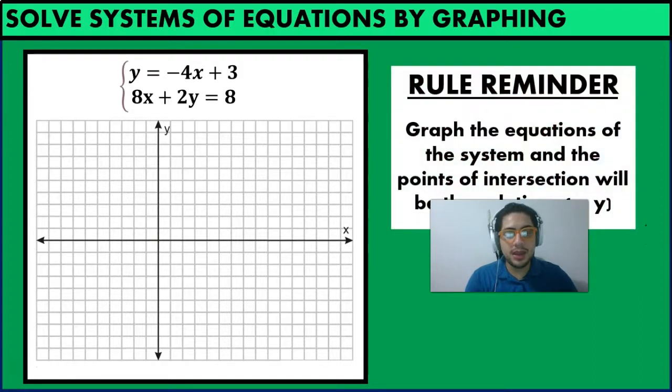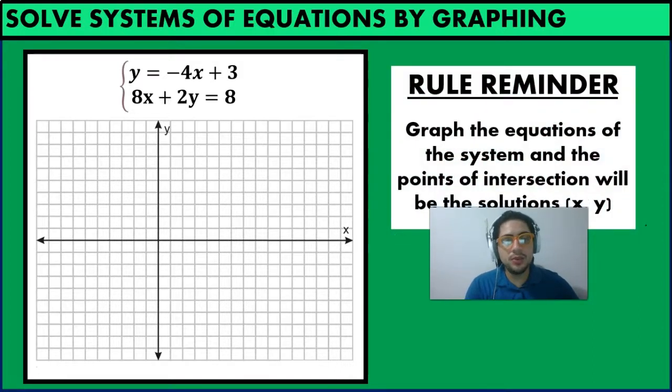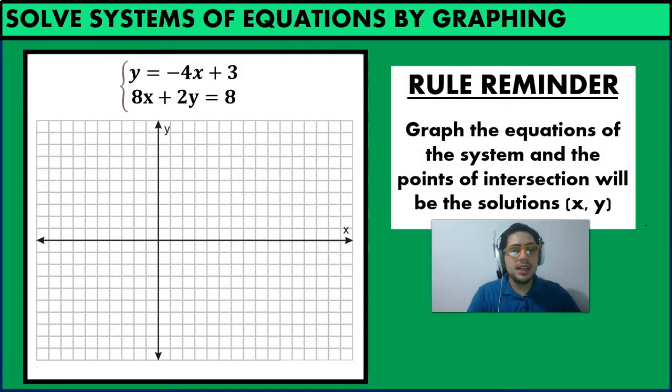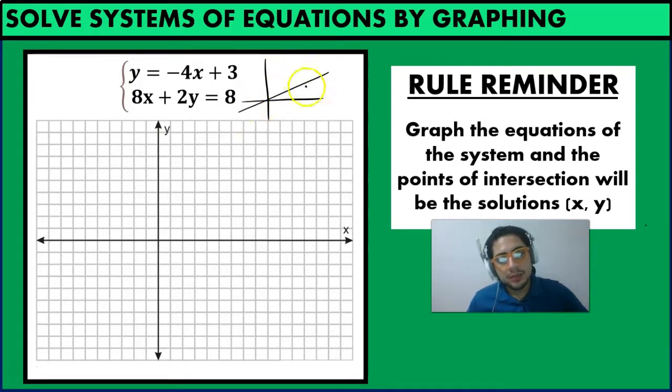Now, as a rule reminder, whenever we are graphing a function, the solution in x and in y is going to be the point of intersection of the two graphs. So whenever we have, for example, two lines, whenever they cut, we're going to have a solution for y and a solution value for x.